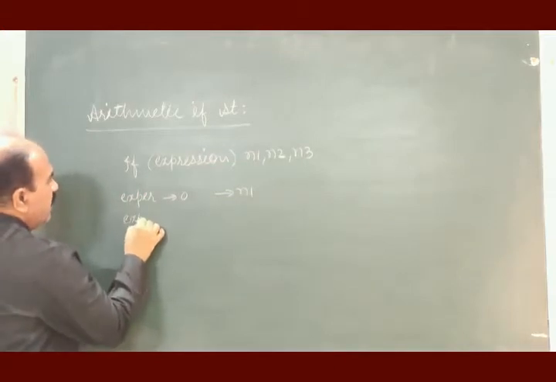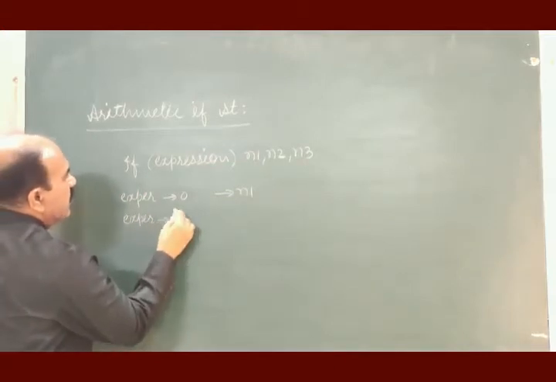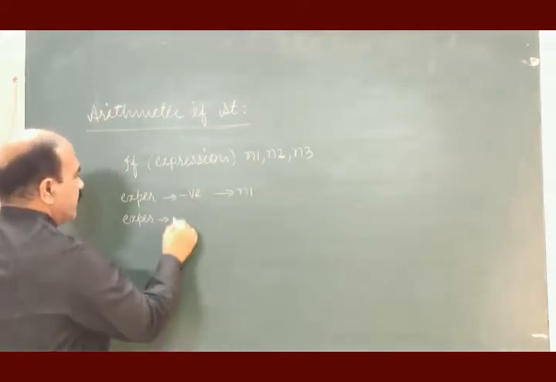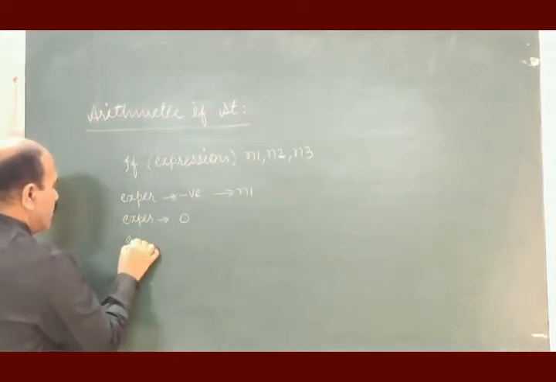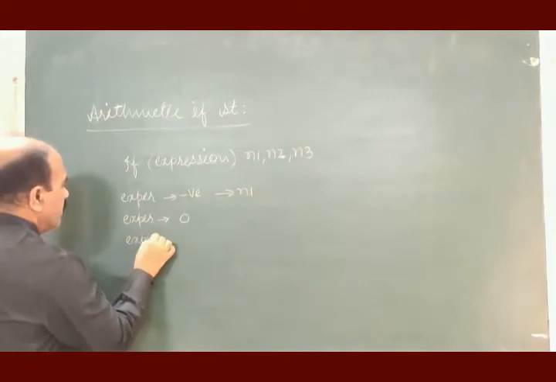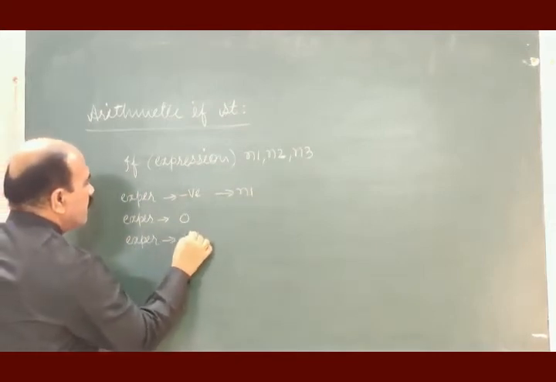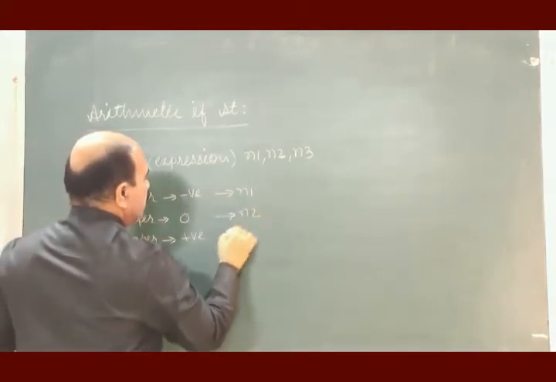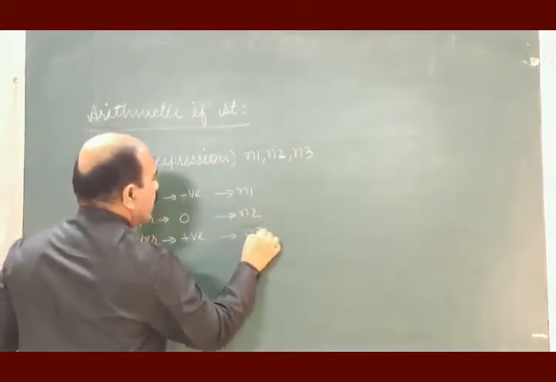If the outcome of this expression is negative, 0, positive, n1, n2, n3.